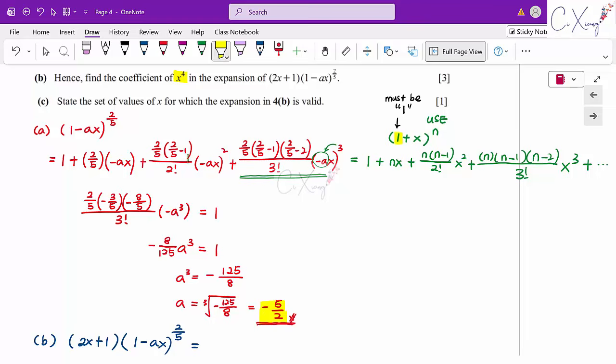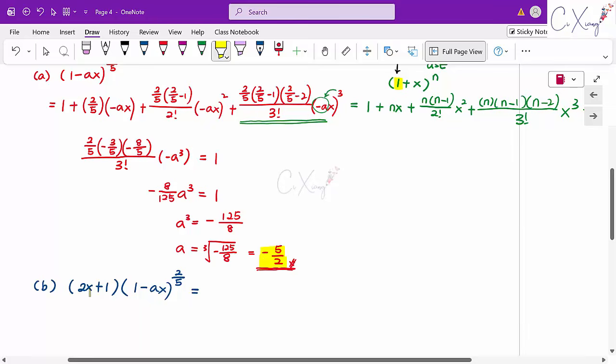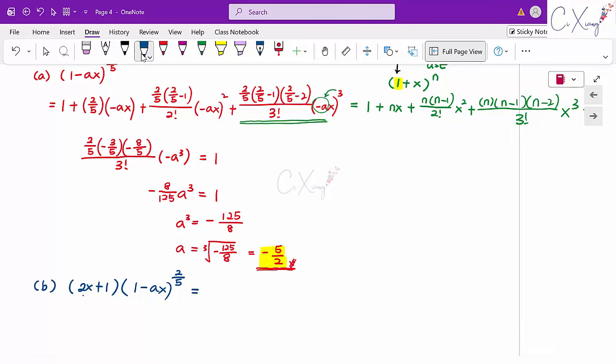Then when I want to put all the expansion here, and I want to multiply with this particular bracket, right? So that means this particular bracket, 2x, I need to multiply something here with the x power 3, so that when I multiply these two terms together I have something with x power 4. You understand what I said or not? Therefore, when I want to apply the expansion here, right?